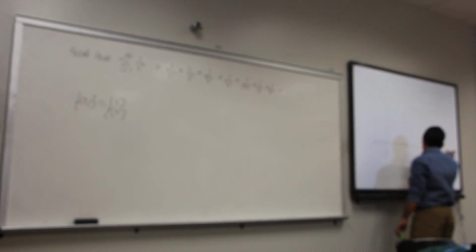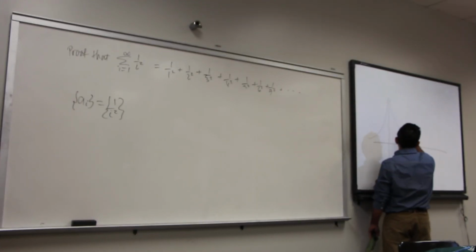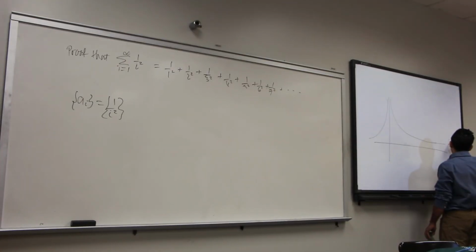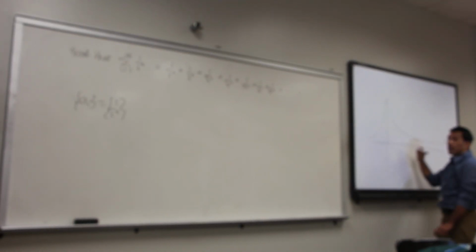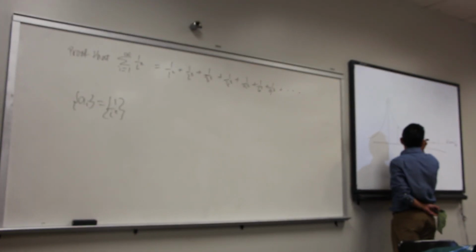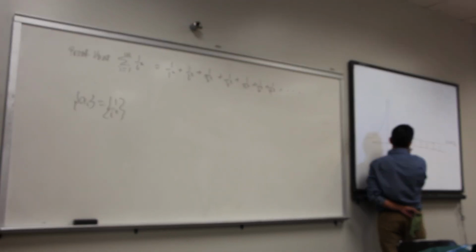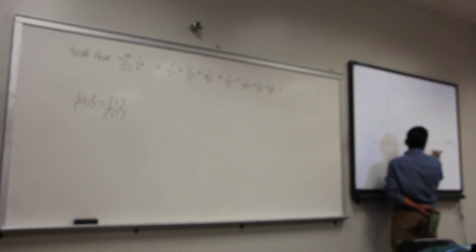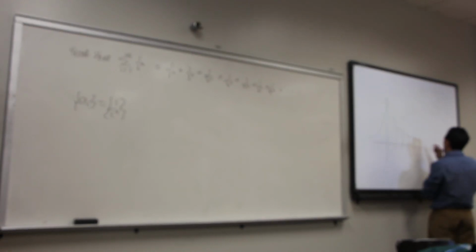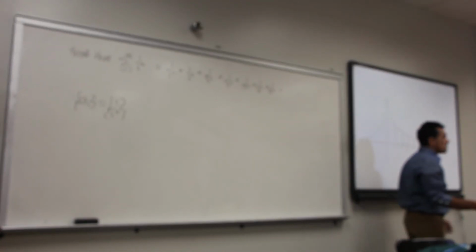So, I want to look at 1 over x squared. And I evaluate this at the integers. What is this?